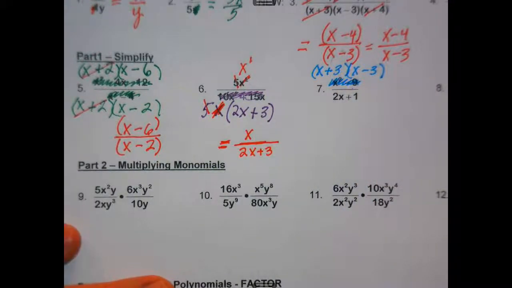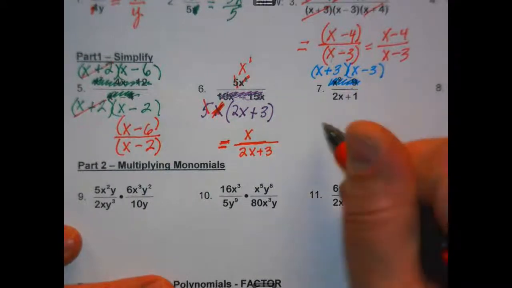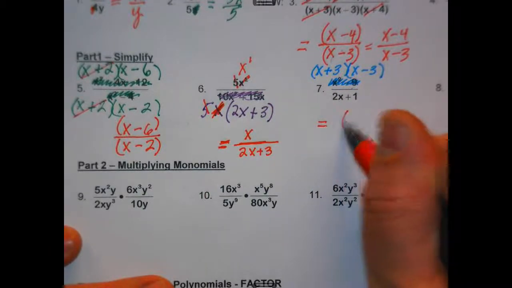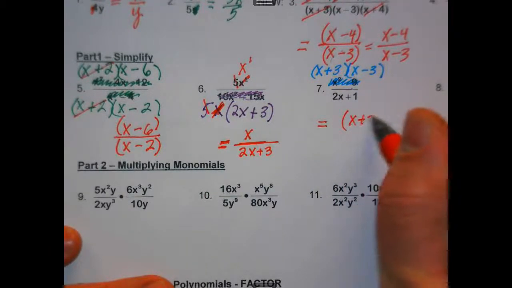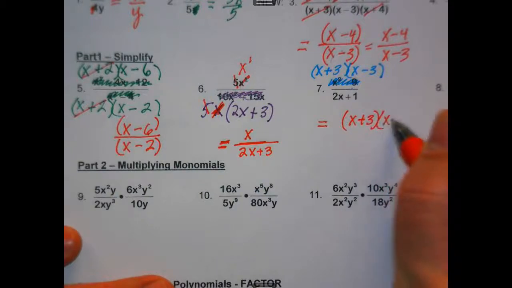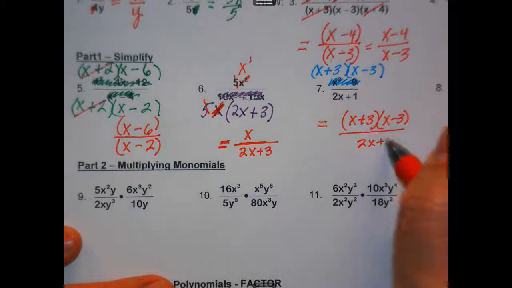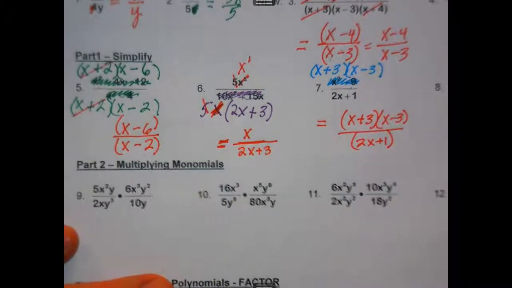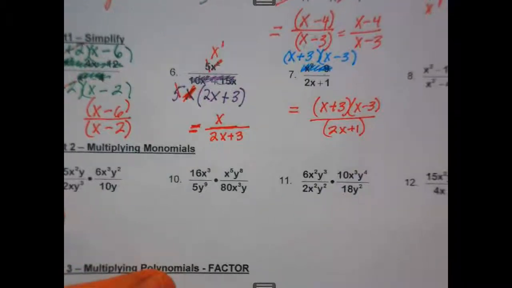And can I factor the bottom? In fact, I can't even cancel anything out. So I'm just going to put in what I have: x plus 3, x minus 3 over 2x plus 1. Can't simplify that one.